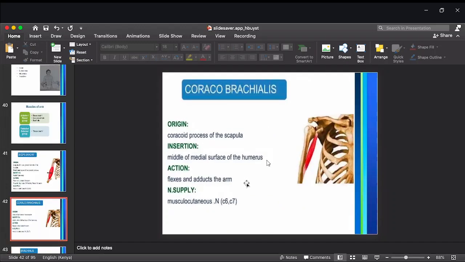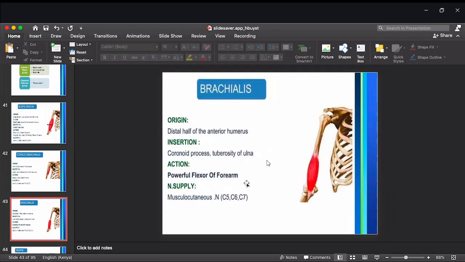The other one is coracobrachialis. As the name suggests, brachialis just means humerus. It goes from the coracoid process, inserting into the middle surface of the humerus. Its main action is to flex and adduct the arm. Nerve supply is the musculocutaneous nerve.